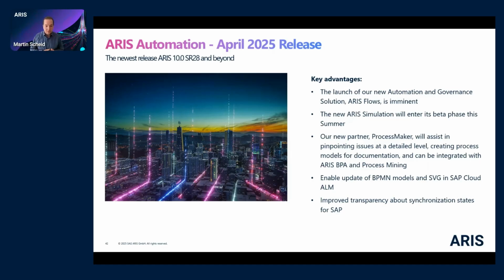And I think there's also a nice enhancement that we did over here. And finally, we've enhanced transparency into synchronization states for SAP, giving you more control and clarity when managing integration. So there's a label now that will show you the concrete state of the synchronization in ARIS.